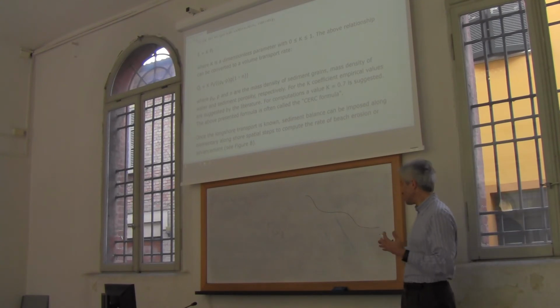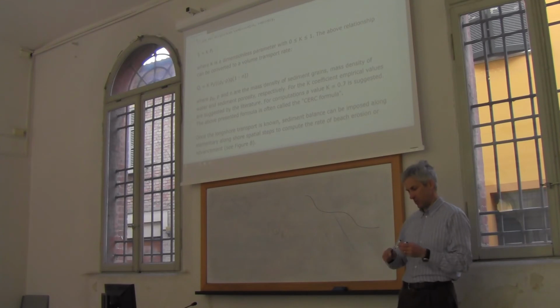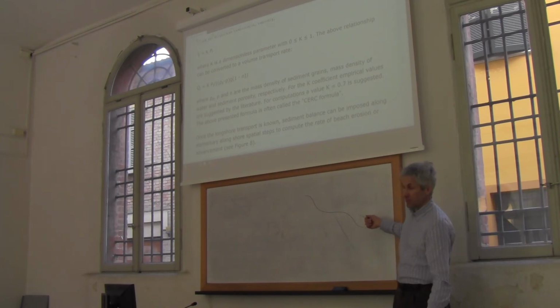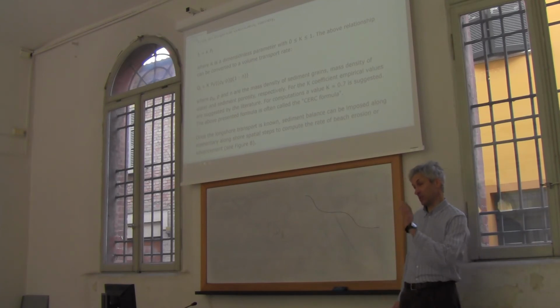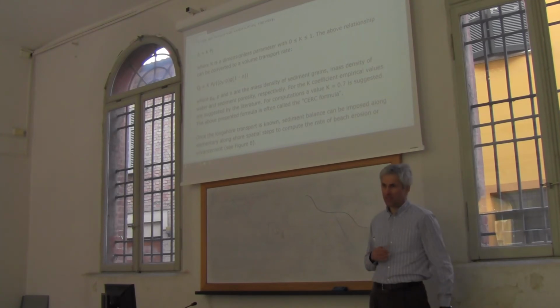But I mean, it is a good approximation in many cases to assume that the wave angle is unchanged. But for sure, it's not a good approximation if you assimilate the coastline to a straight line. So this computation in the real cases cannot be a computation that is extended over a long distance.